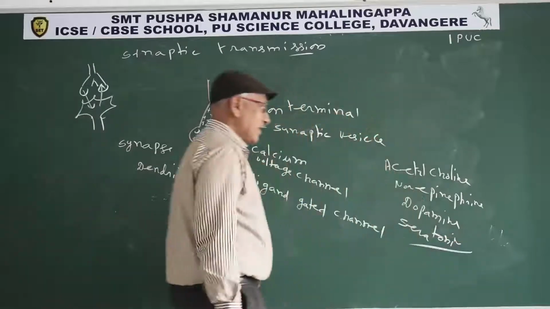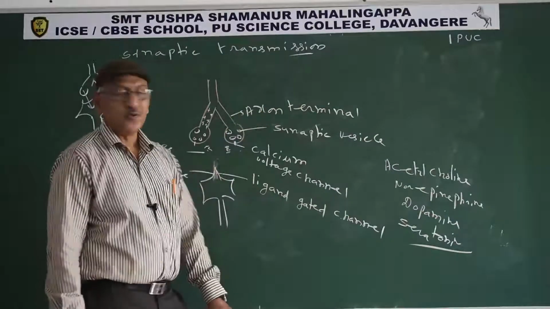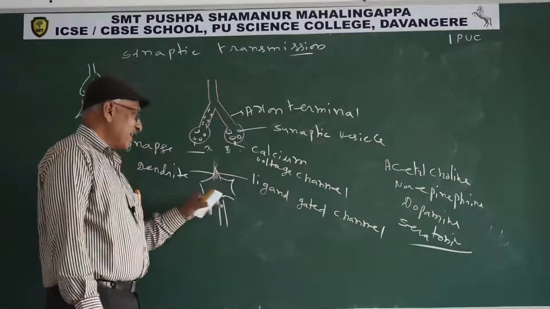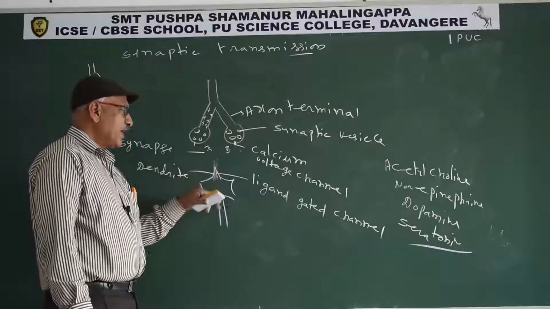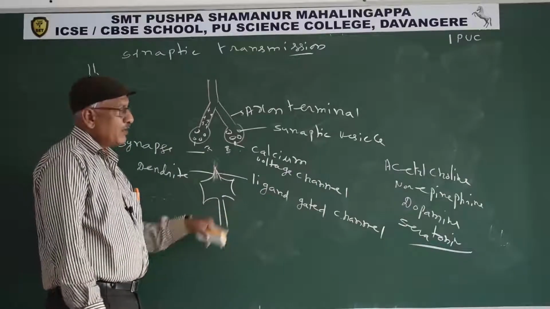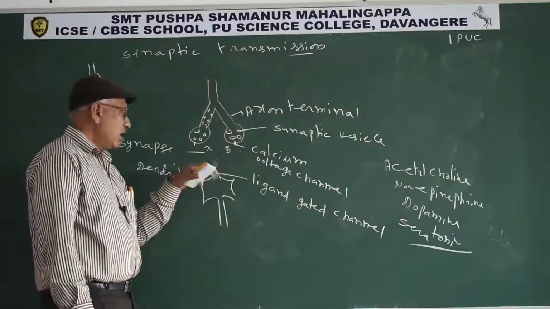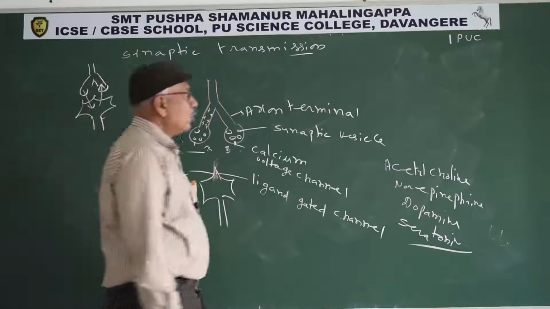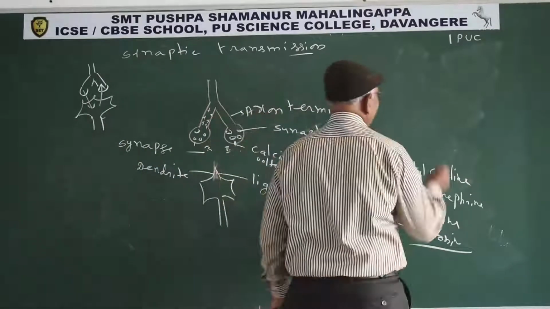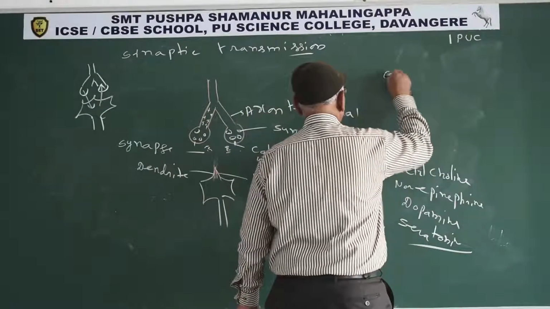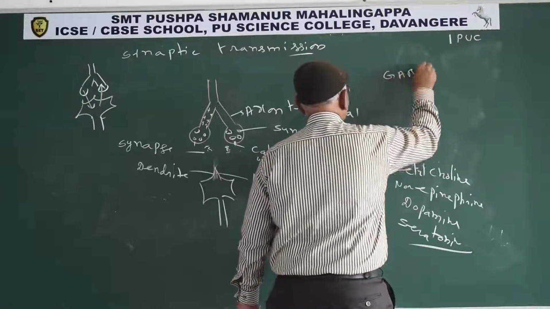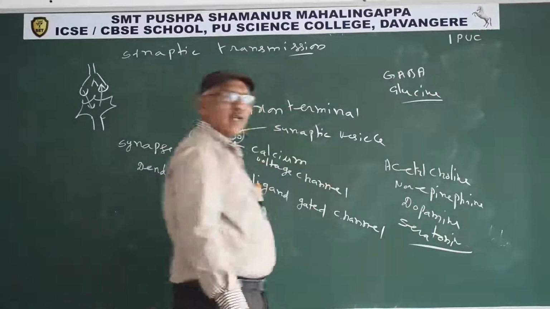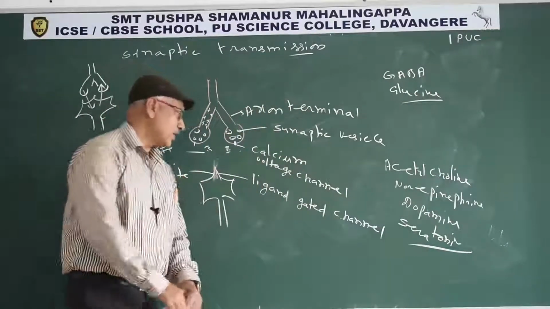They act as either excitatory or inhibitory neurotransmitters. If a neurotransmitter acts as excitatory, the ligand gated channel allows sodium ions. If it acts as inhibitory, the ligand gated channel allows chloride ions. Two neurotransmitters always act as inhibitory neurotransmitters: gamma aminobutyric acid and glycine.